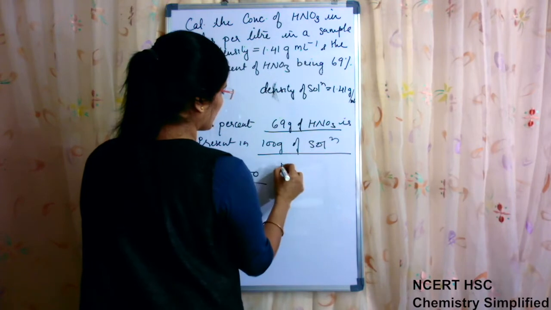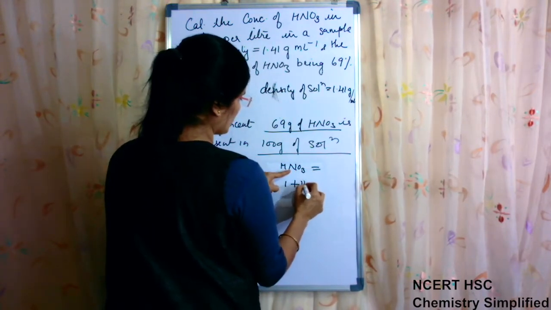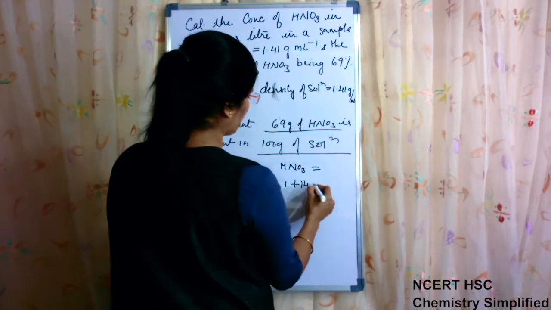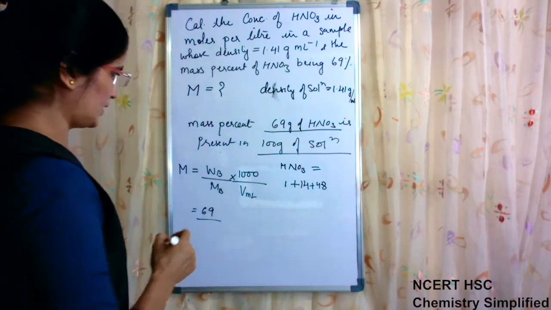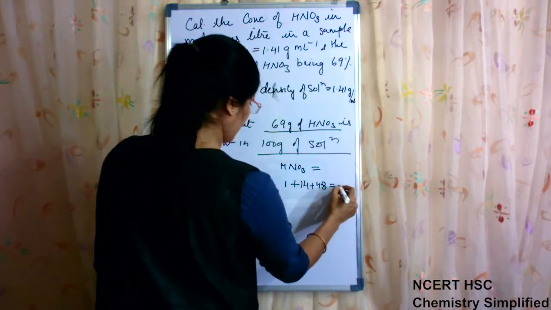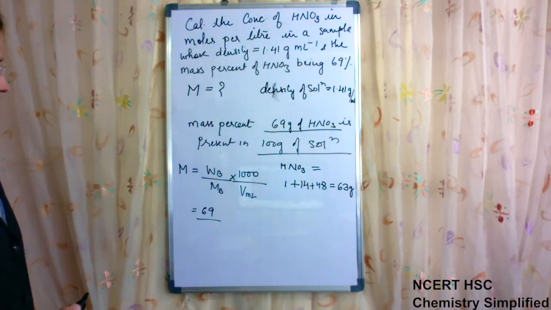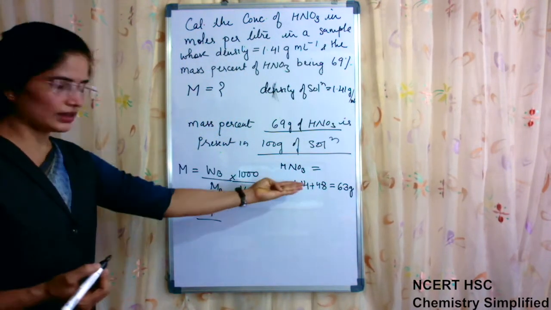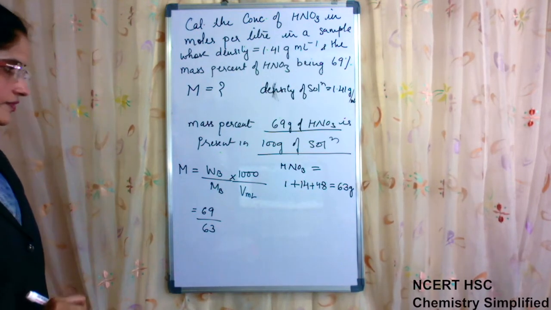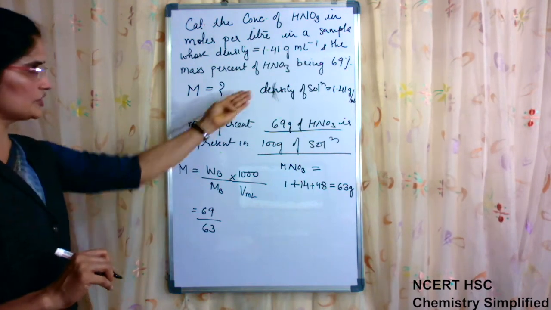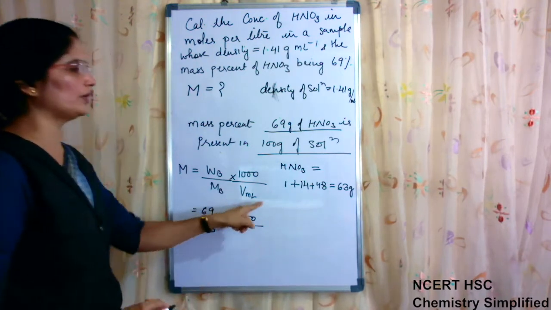HNO3: H is 1, nitrogen is 14, and O3 is 48. That will be 63 grams. So 63 grams is the molecular mass of nitric acid, which we have calculated. Mass in grams we just saw, into 1000 upon volume in ml.